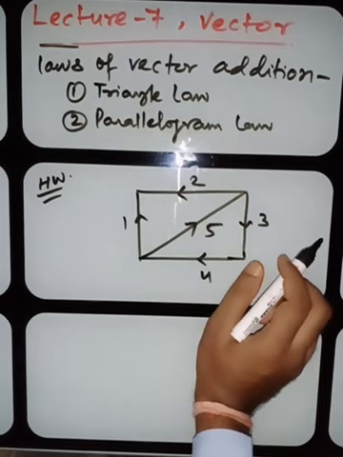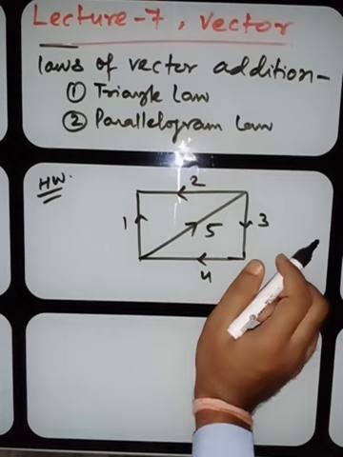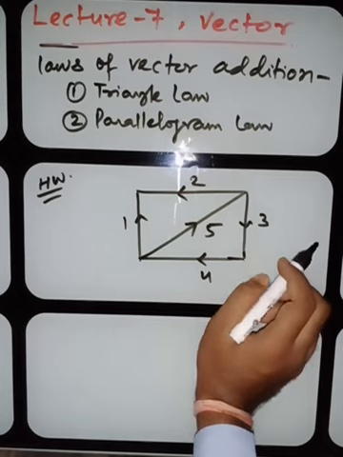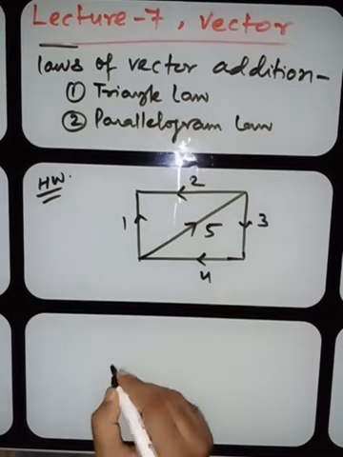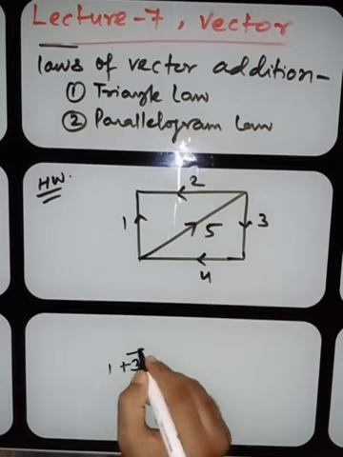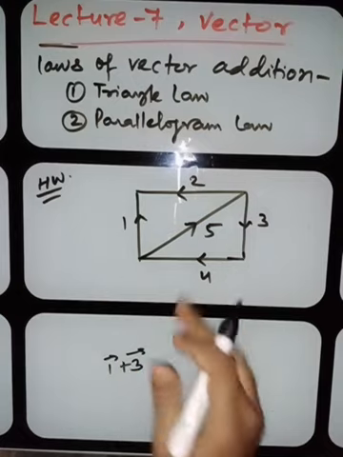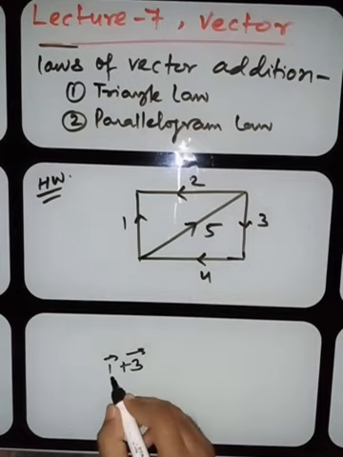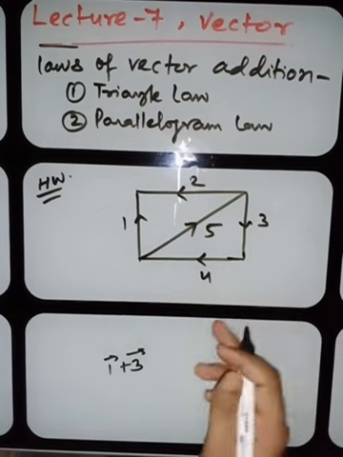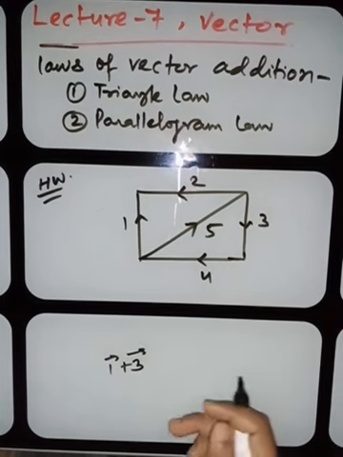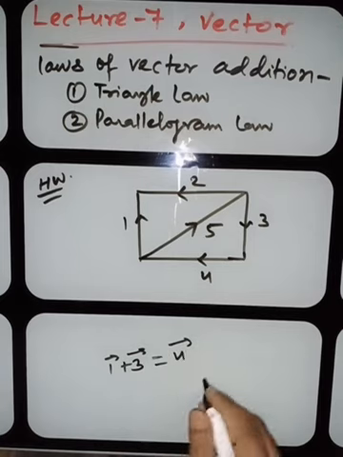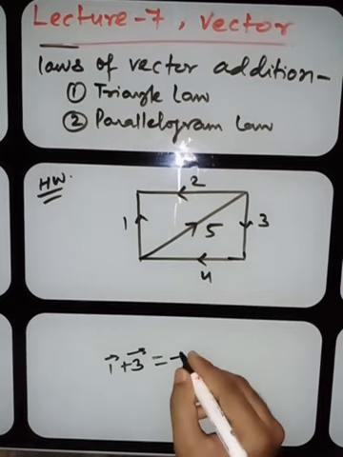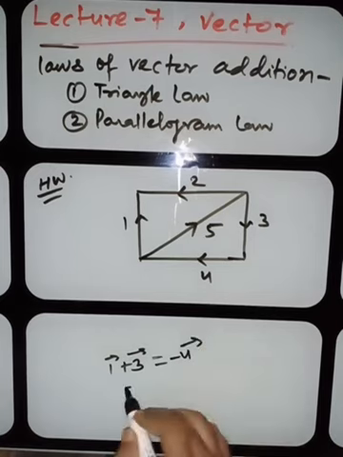And then you have to tell which one is the resultant and which two vectors are adding. You can also invert a vector. For example, if you are finding vector 1 plus 3, this might not be a good example, because 1 is here and 3 is here, it will not make any triangle. If 1 plus 3 is not equal to 4, sir, but 1 plus 3 equals minus 4, then you can write, yes, it's minus 4.